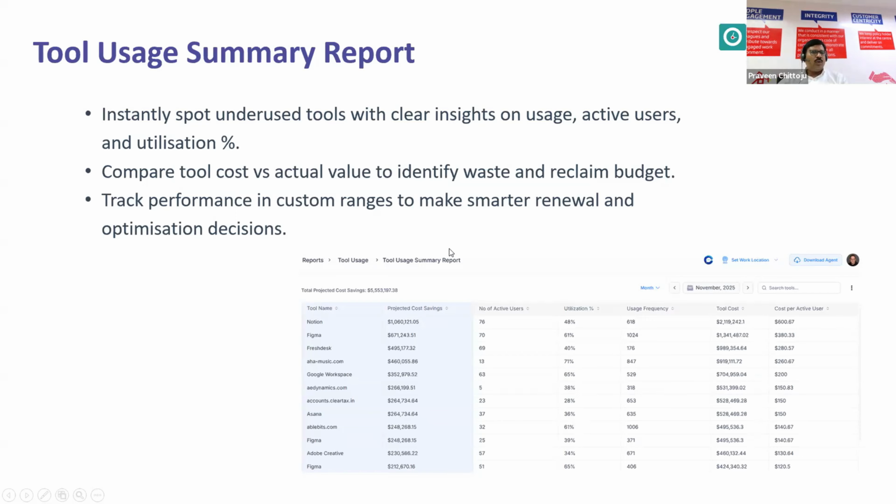This is called the tool usage summary report, where it gives a clear picture about usage frequency and utilization percentage, so that you can understand which tools the team is using more. You can see in this column, the highest is around 71% and 65% for Google Workspace. Based on that, you can increase or decrease your budget and do the renewals. So it gives the complete usage report of the tools being used in the department.